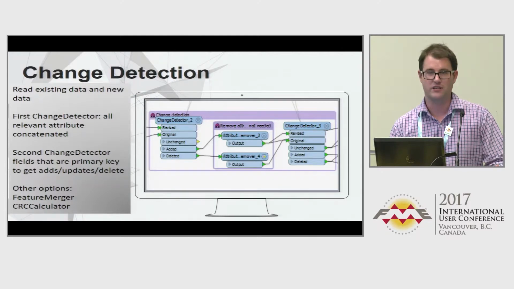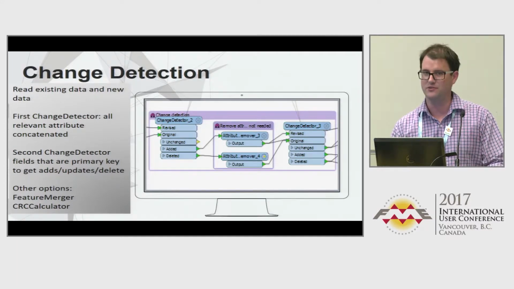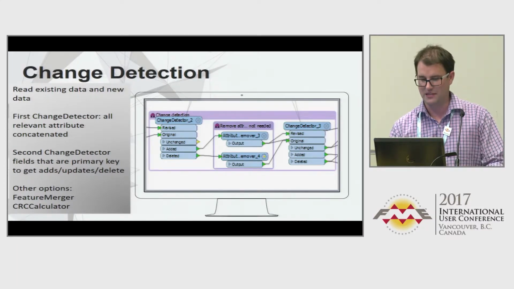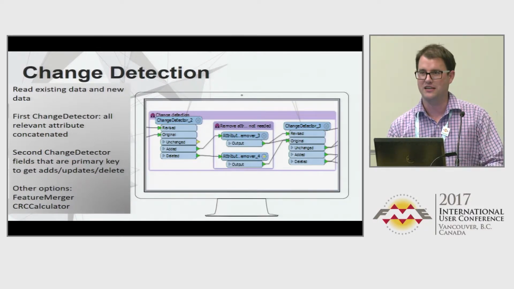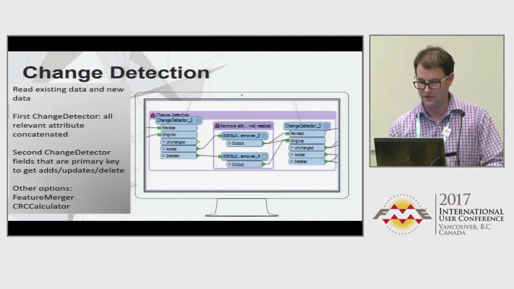So those 24 columns would get concatenated, checked against the new data, and if there were any differences, then we knew something had changed. We didn't know if it had been updated or deleted, but then we could push it forward into a second change detector that looked at a couple of fields related to primary keys, so we could say whether this was a new feature, whether it was deleted, or whether it was a change. That accomplished it a lot quicker than trying to compare every field.